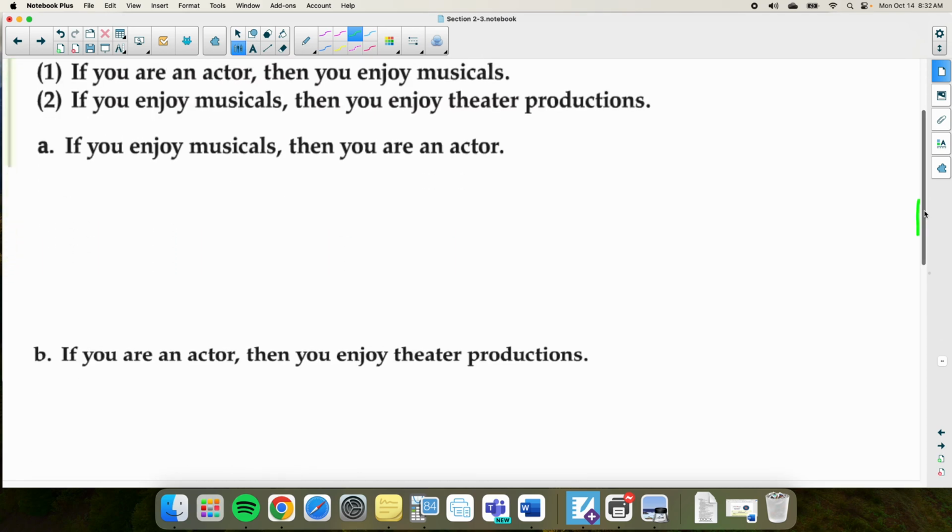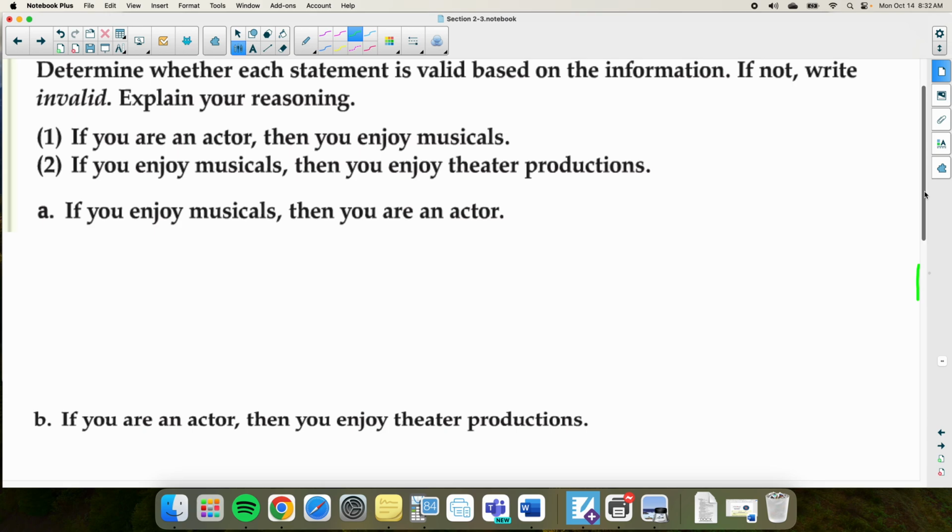So these questions that have an A and B like this, one of these is going to be valid, one's going to be invalid, and at no point today do you have to explain your reasoning, okay? So what do you guys think? If you are an actor, then you enjoy musicals. If you enjoy musicals, so remember these two are getting crossed out.